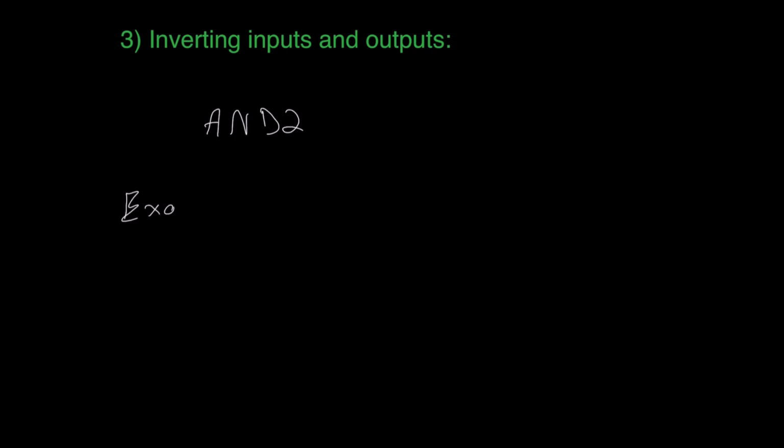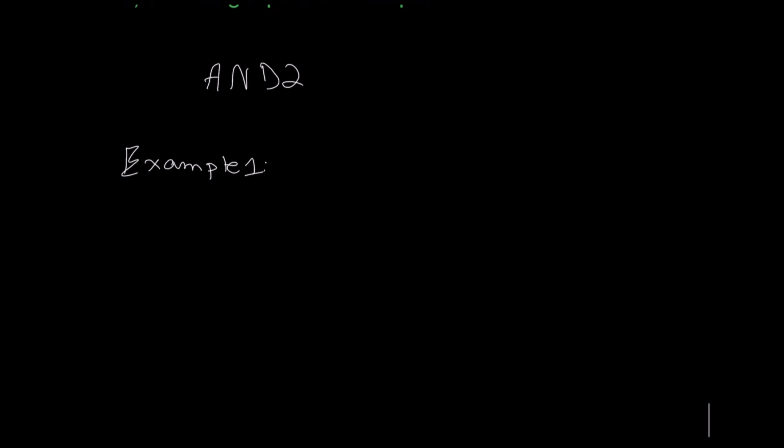Example number 1. Okay, so we will do the first part. The first thing first, we will add an inverter. There will be 2 inverters because we are using AND 2.